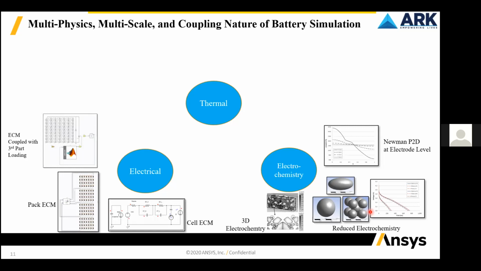Due to its fast performance, ECM is often used to simulate a battery module, or even a pack with as many as 500 cells. Then the capability to couple the ECMs with third party tools, that is FMUs, functional mock-up units, is often viewed as a welcome feature.